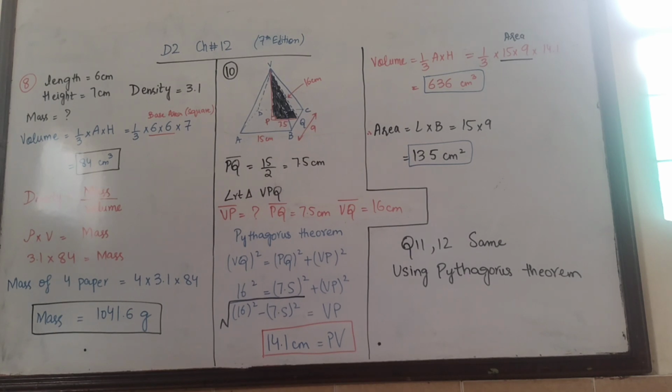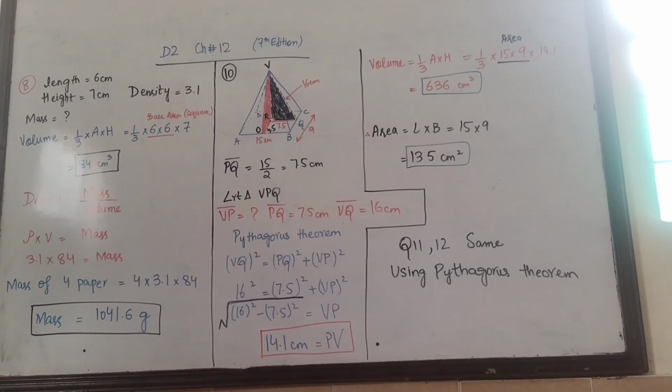In a similar way, if you know the length of side BC, which is 9, you can also know the length of the side which is parallel to BC. I hope the figure is clear for you.